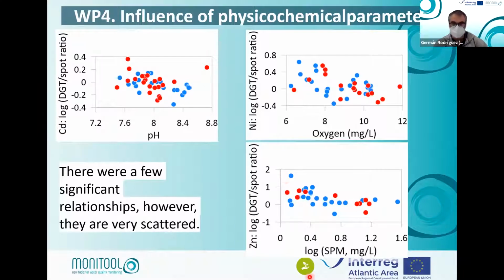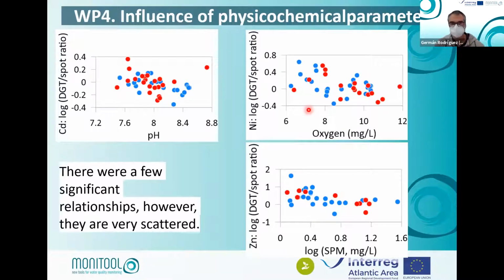Okay, there is a significant relationship, but in general, this is a very scattered relationship. We have to take into account that it's just logarithm data. Okay, a very small change implies a very big change in non-transformed data. So very few are significant, and in general, a very scattered relationship.